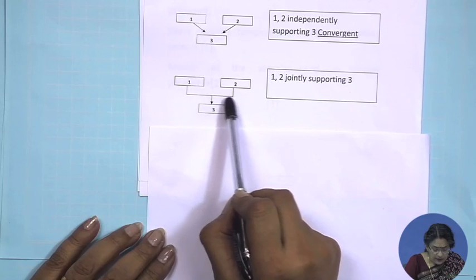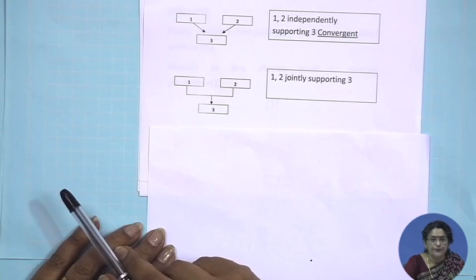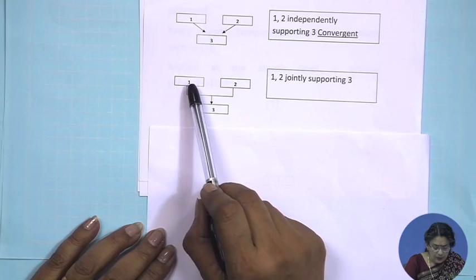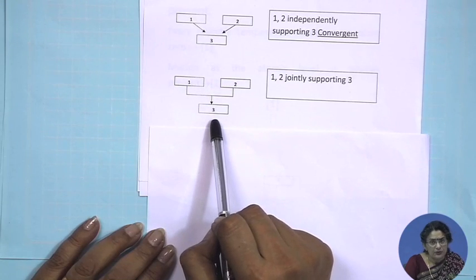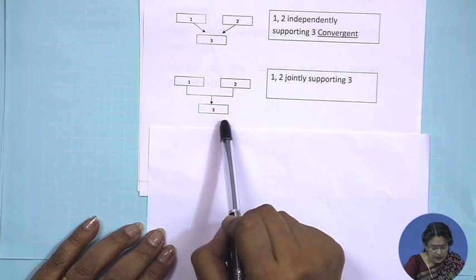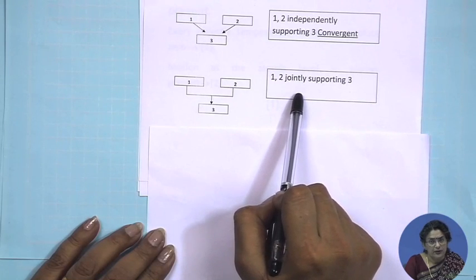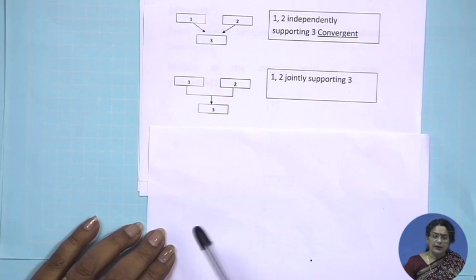Well, that is why we have connected them like so. This is a structure that shows that 1 alone is not supporting 3, 2 alone is not supporting 3, but they are jointly supporting 3. So, in a way the diagram captures more than what you can simply say by saying that 1 is a premise, 2 is a premise. The nature of that support will be captured also in your structure, in your flow diagram.